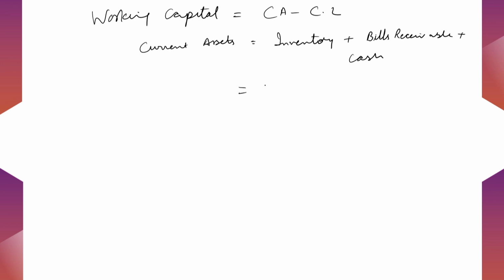Inventory is rupees 90,000, bills receivable is rupees 45,000, and cash is also rupees 45,000. So our total current assets is 1,80,000.